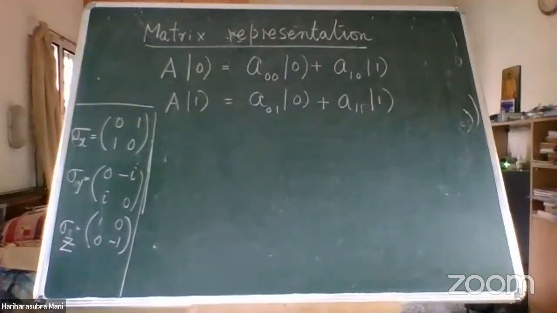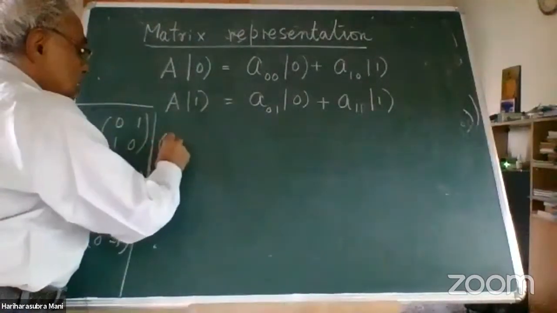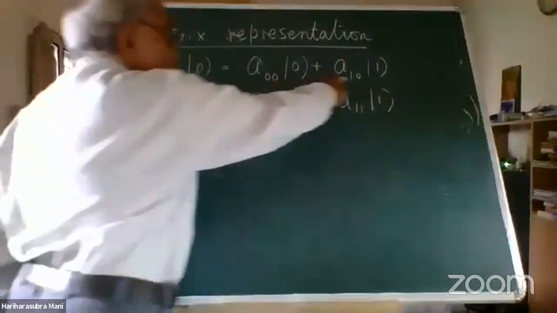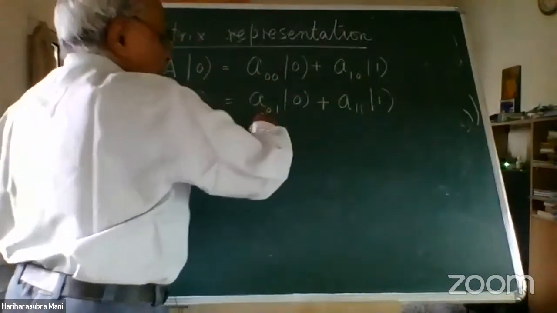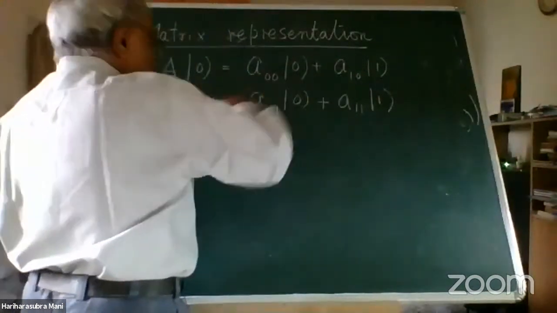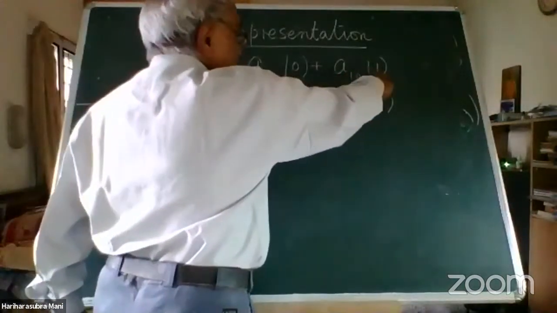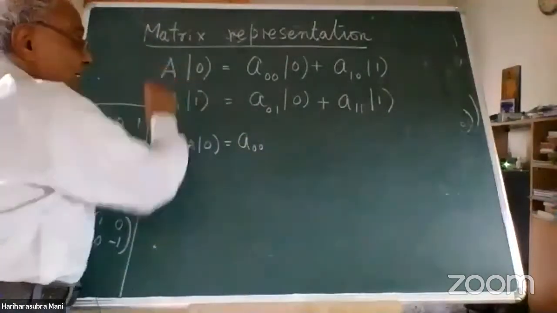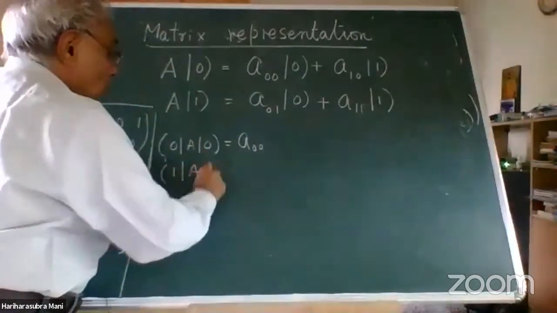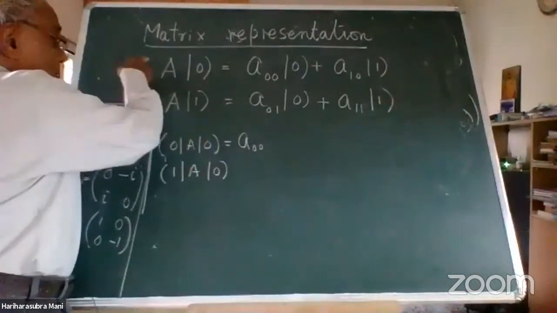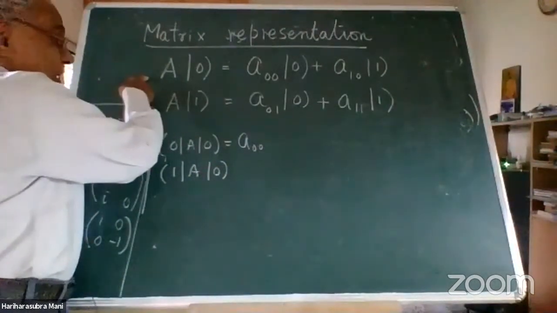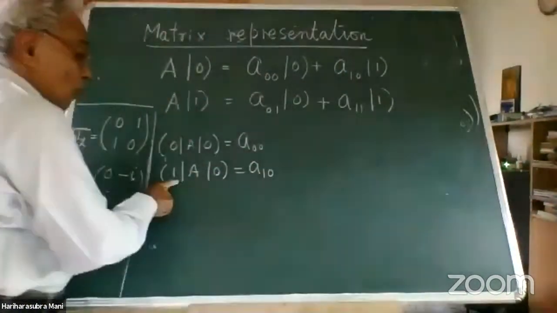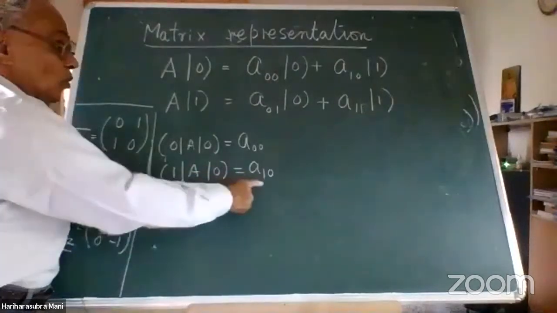Notice, why do I use this notation this way? Take <0|A|0>. These are complex numbers. So when I write the bra vector here, this will become 0. So this will just be A00. Similarly, if I write <1|A|0>, notice if I take the scalar product with 1 here, this is the term which will survive, which is A10. Notice this 1 is here, 0 is there.